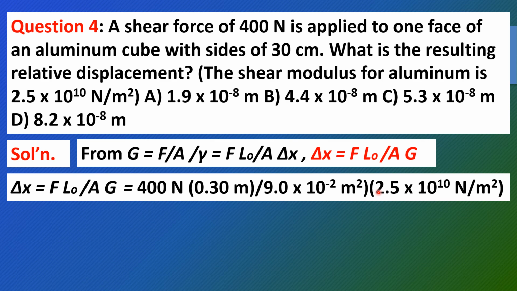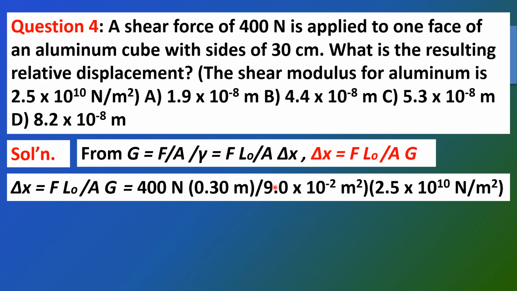And then that will be multiplied by the shear modulus for aluminum, which is given as 2.5 times 10 to the 10th power Newton per meter squared.